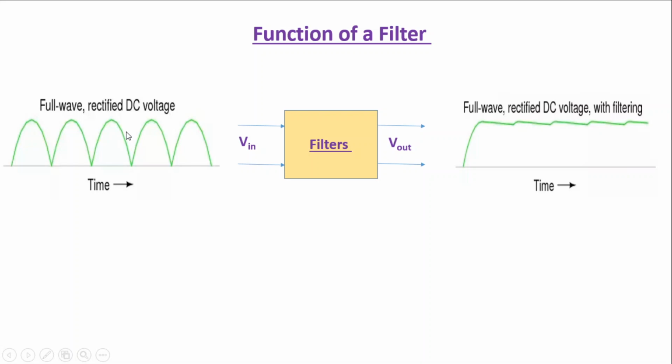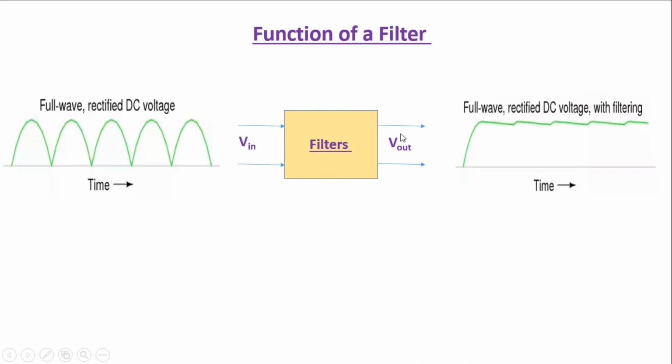Here on the left hand side is shown the rectified DC output voltage from a full wave rectifier. Since we have both cycles, we can say this is an output of a full wave rectifier. Now suppose you have a filter circuit here, and to the filter circuit you give the full wave rectified DC voltage. We don't know what is happening within the filter, but basically it is a circuit which produces some output.